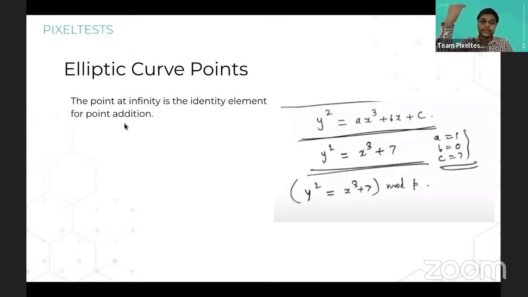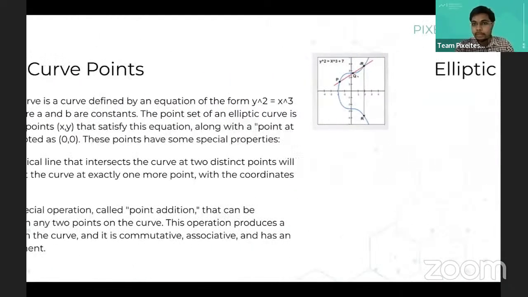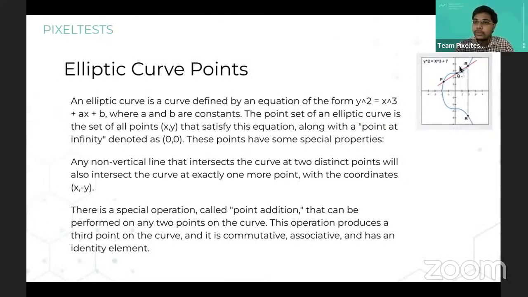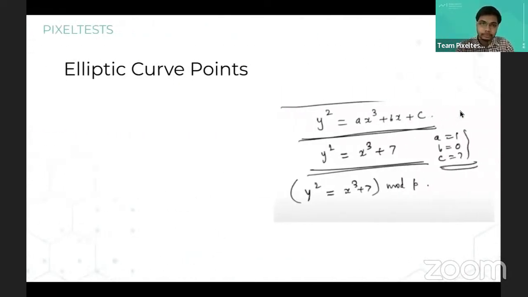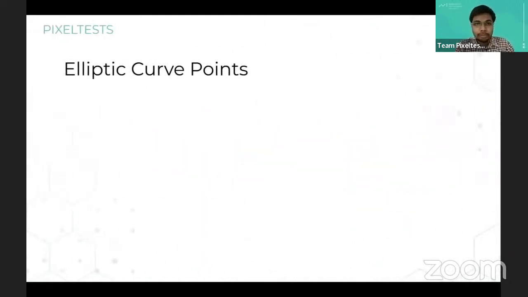The curve has a symmetry about the x-axis, because you can see that around the x-axis it is symmetrical. These properties make elliptic curves particularly useful in cryptography, and specifically in the elliptic curve digital signature algorithm. We'll understand a little bit more about it.